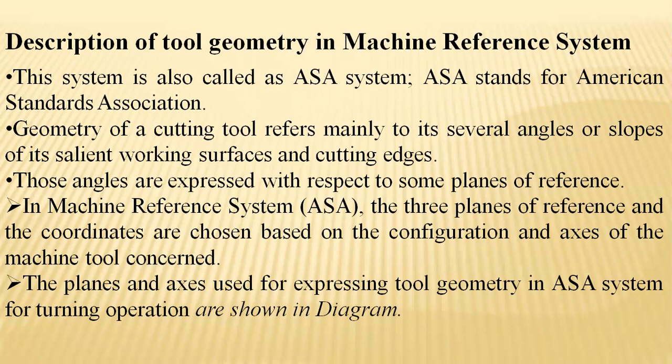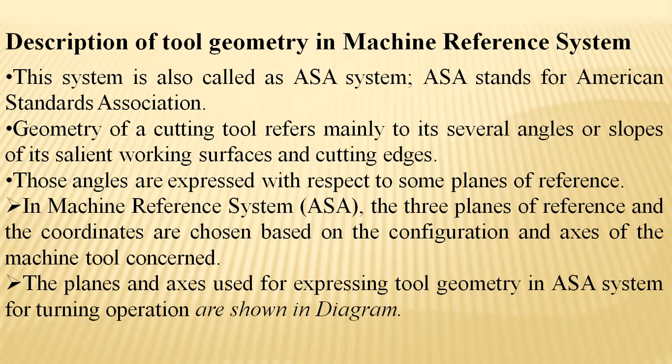As you all know, generally mechanical specifications overall are compared with respect to the American standards, that is ASTM standards. Hence, the tool geometry system is also called the American Standards Association system.